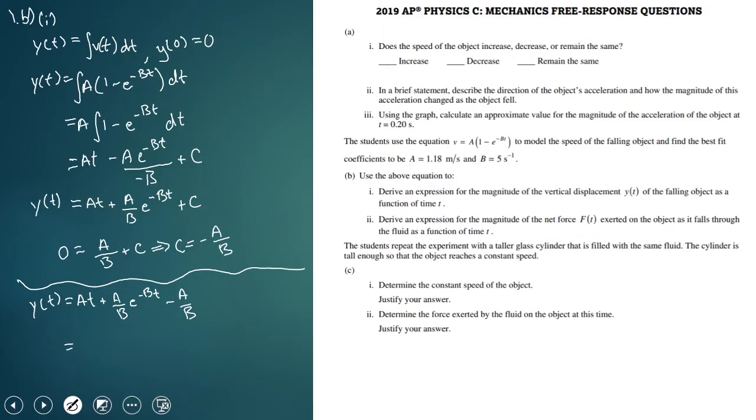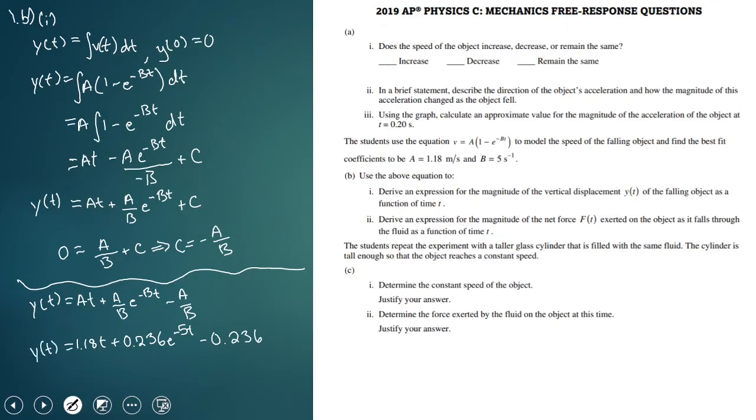And so the answer that we should get, using a as 1.18, is 1.8t, and then plus 0.236 e to the power of negative 5t, and then minus 0.236.